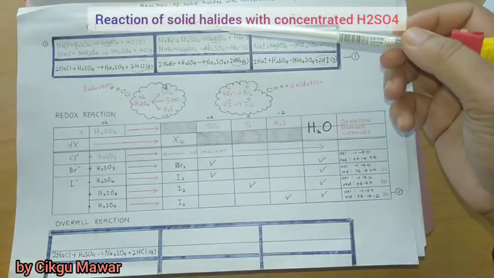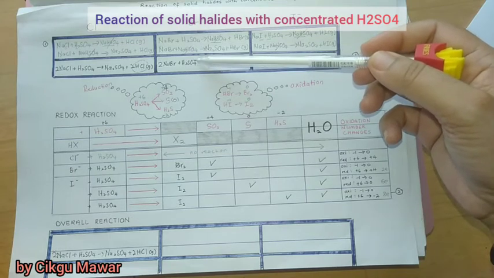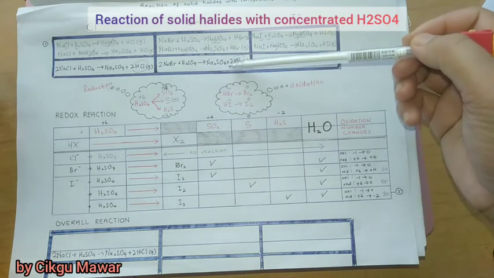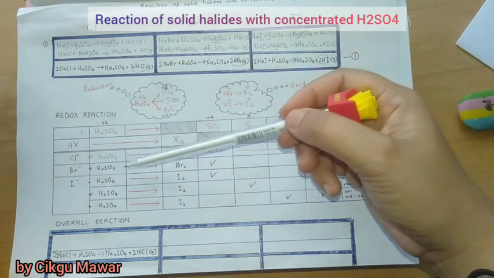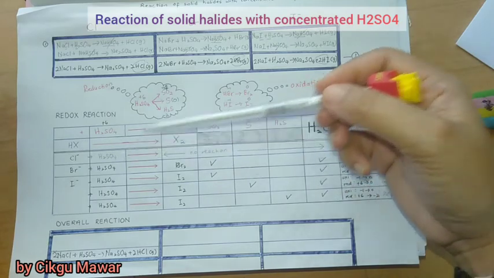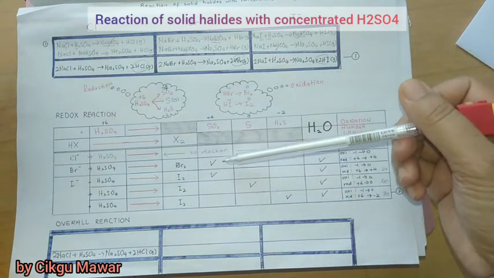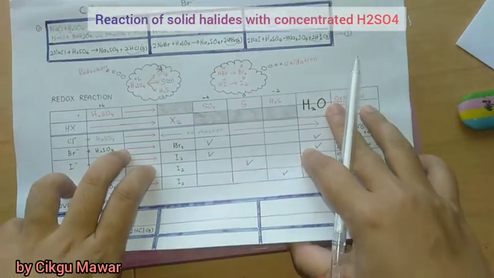For the reaction of bromide with sulfuric acid, there is a displacement reaction and also a redox reaction, where bromide forms bromine, and sulfuric acid forms sulfur dioxide and water. Now we can write the equation.